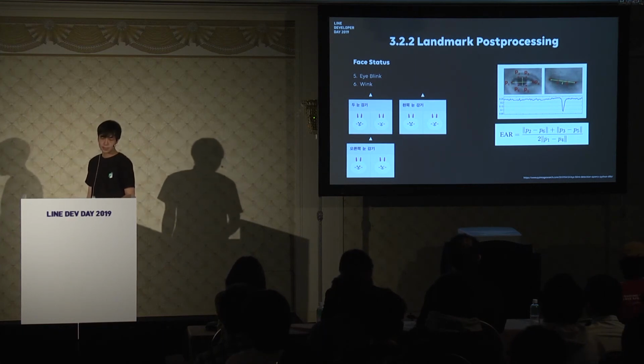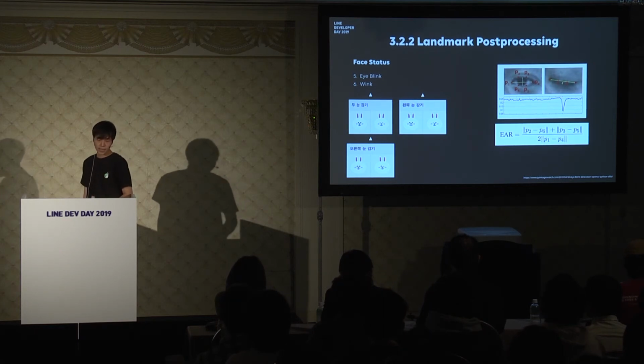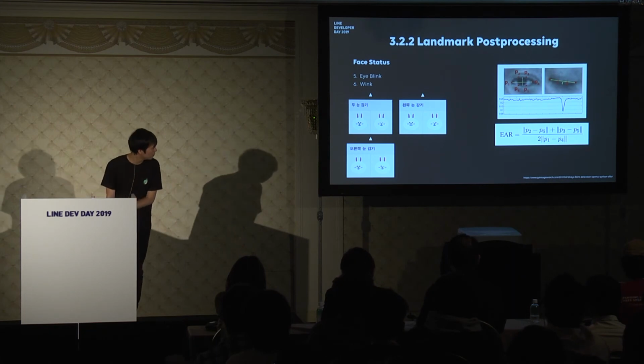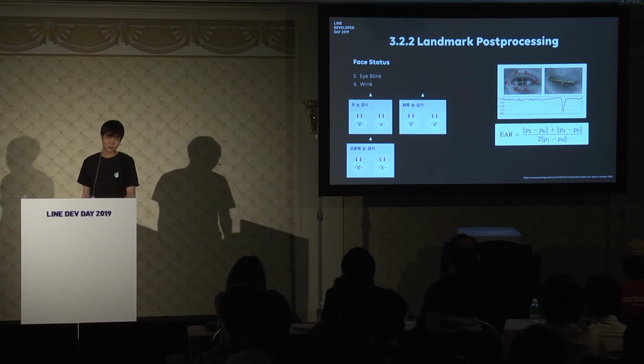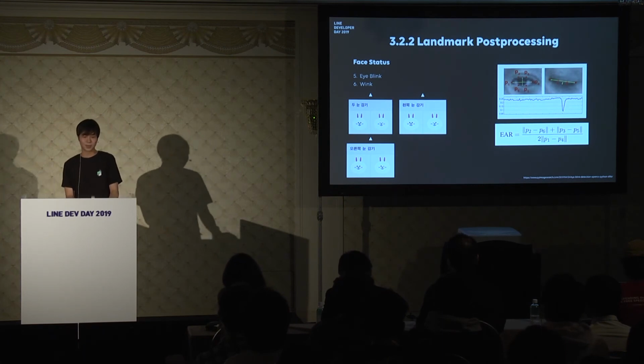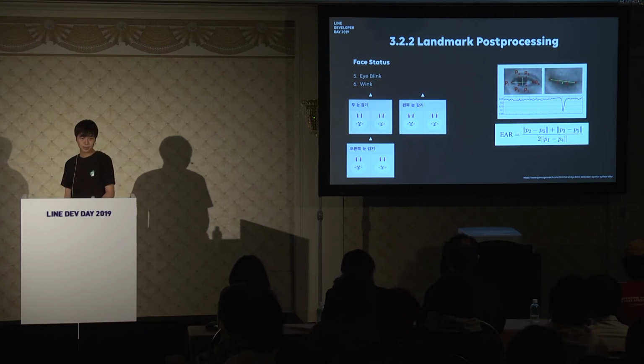The table says that 0.25 is the value when a person does not close their eyes, and almost 0.1 is when they close their eyes. But on average, Asian eyes were a little smaller than Western eyes, so the paper's value did not work for me. It makes it really harder for us to detect eye movement. We tried to find the optimal value for Asians by testing.